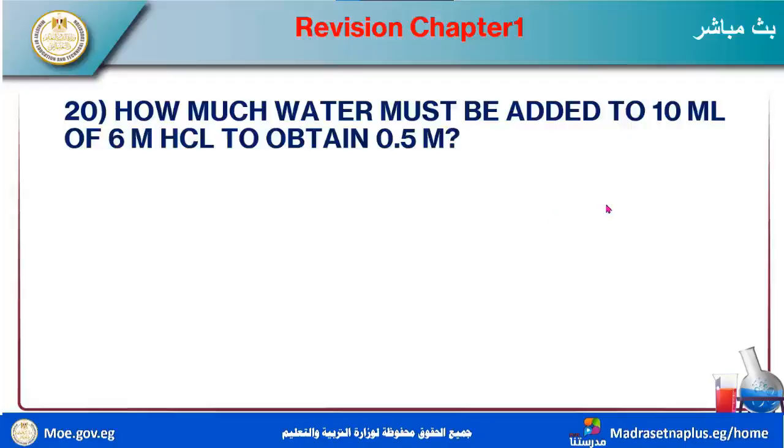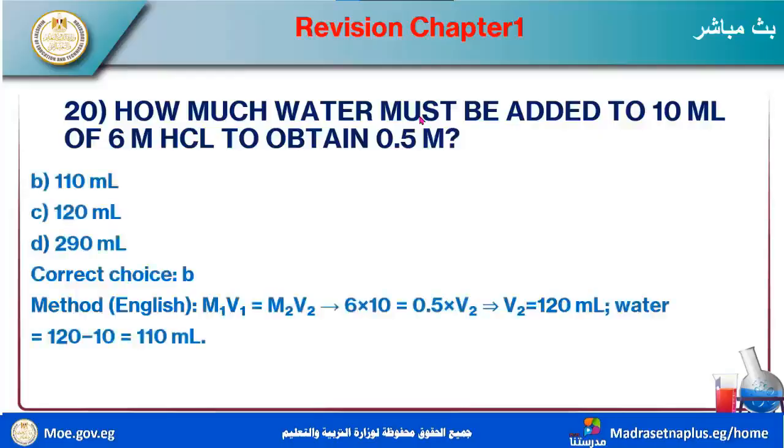So V2 equals 60 over 0.5. Now we know the new volume.